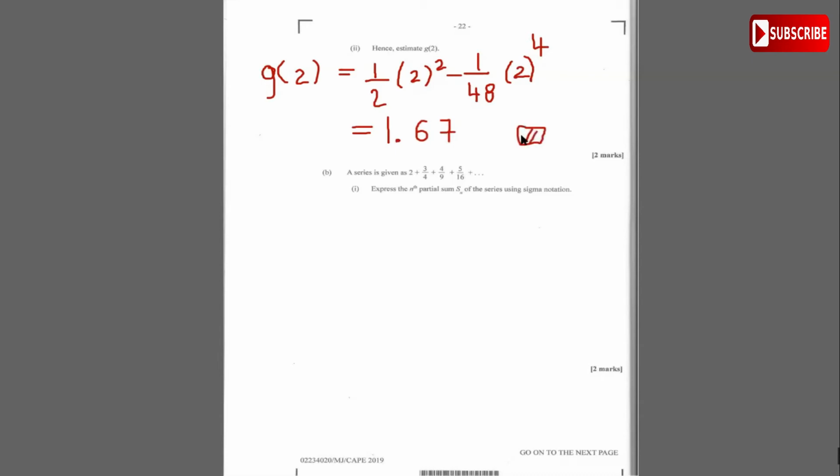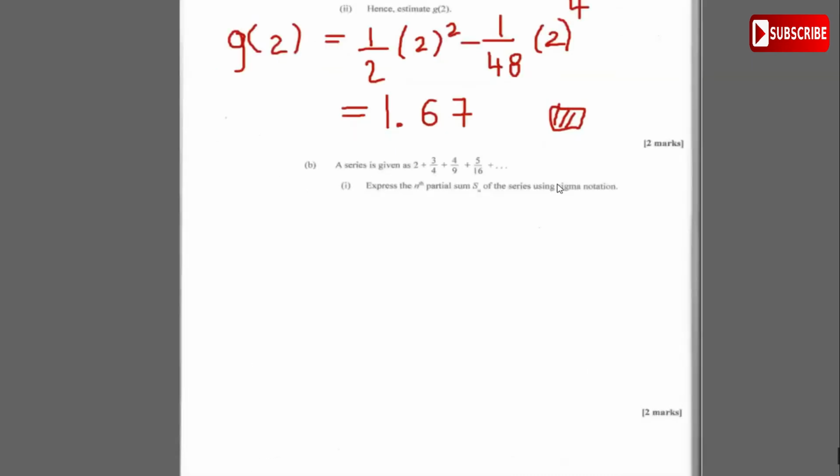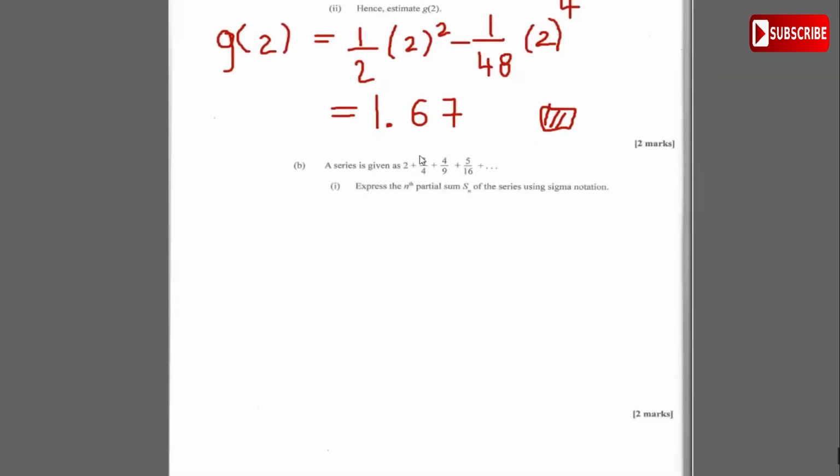A capital T. Now part B says a series is given by 2 plus 3/4 plus 4 over 9 plus 5 over 16 plus and so on. So I'm going to rewrite it as 2 over 1 so we can catch the pattern, plus 3 over 4 plus 4 over 9, plus going all the way up to the nth term.